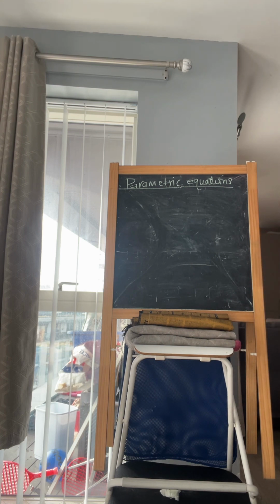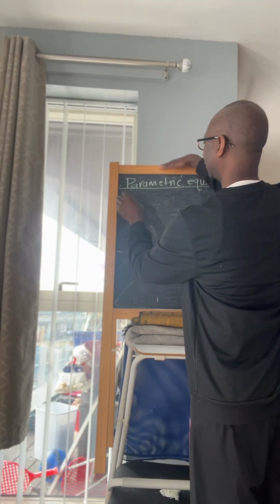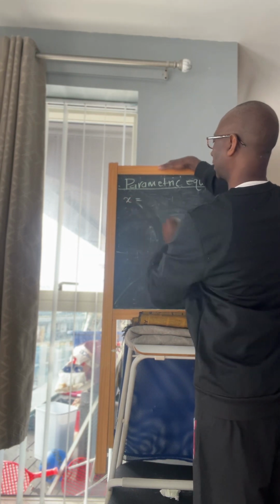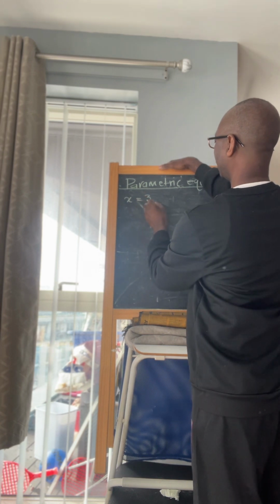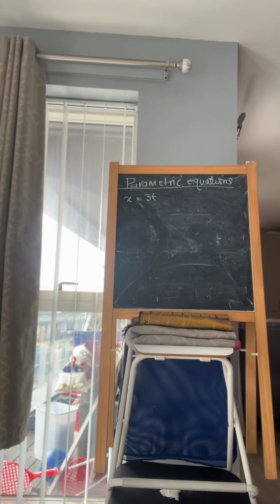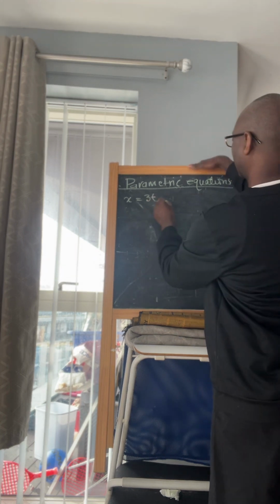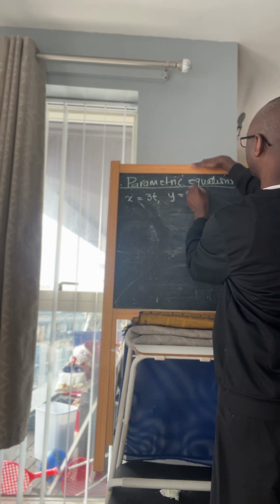Say, for example, you have a function. We don't know what the function is yet. That says x equals 3t and y equals 9t squared.